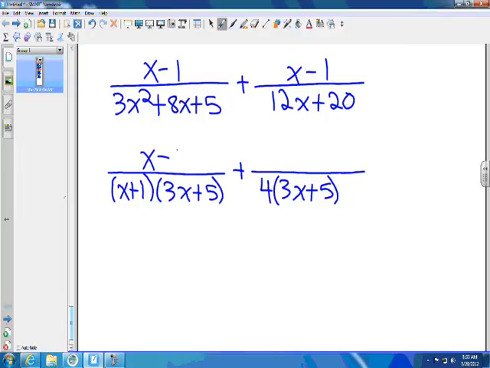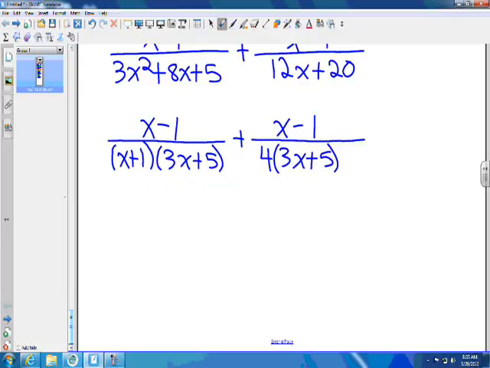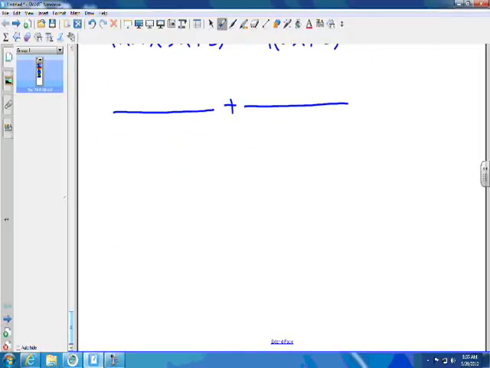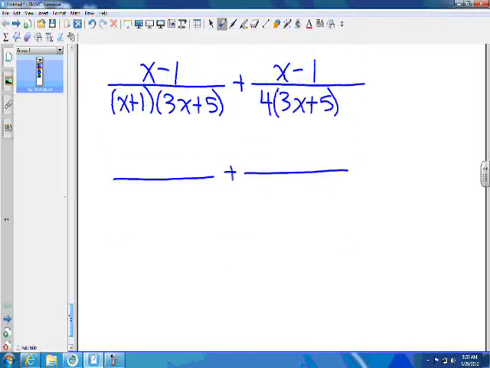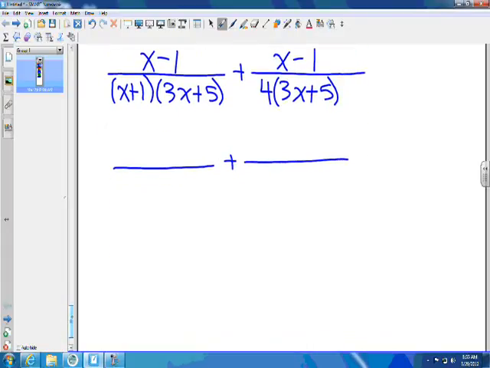Copy the tops. And more fraction. We got anything out front? 4. So what's the number we put up front? 4.